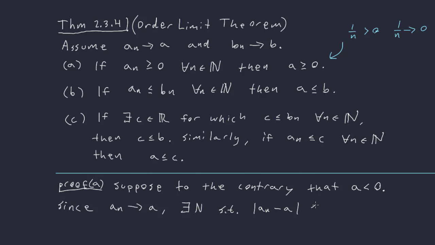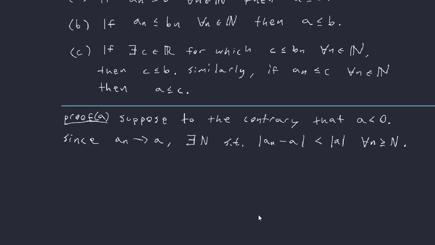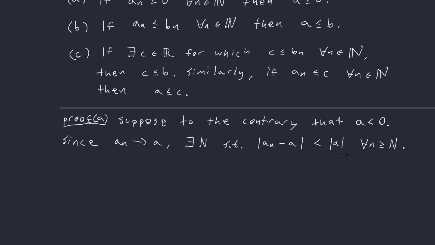So we can choose any epsilon. So there exists an N such that the absolute value of a_n minus A is, let's say, less than the absolute value of A for all n greater than or equal to this capital N. Now here's why I want to do that. This is the epsilon I'm choosing.